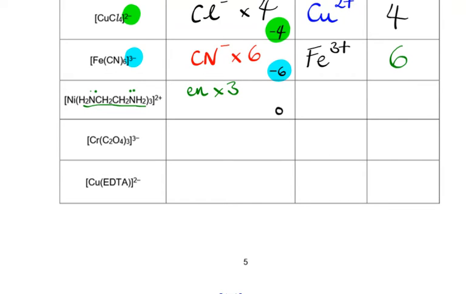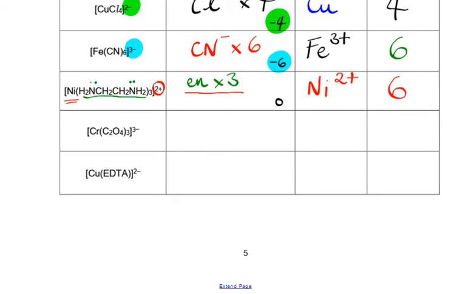So the central metal ion is nickel, and all of that charge, the 2+, must come from the nickel itself. In terms of the coordination number, we have 3 bidentate molecules, so each of those molecules is forming 2 coordinate bonds with the nickel, so overall the coordination number is 6.